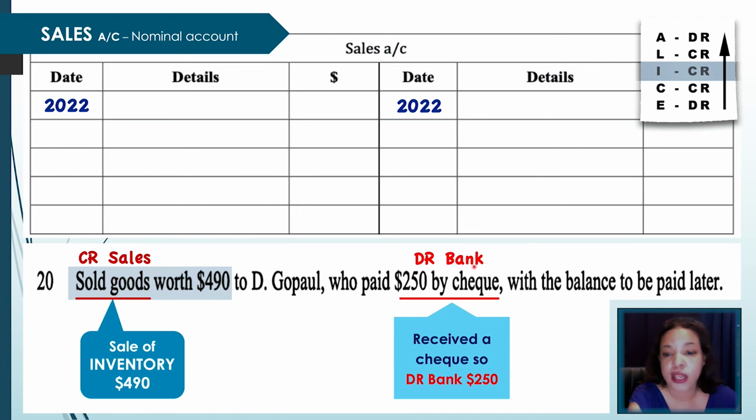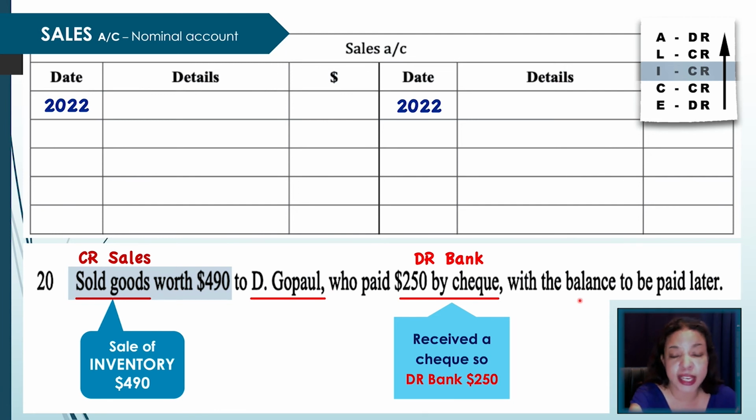So you debit bank, and with a balance to be paid later. What does that mean? That means that we did not receive all of the money for our sales.